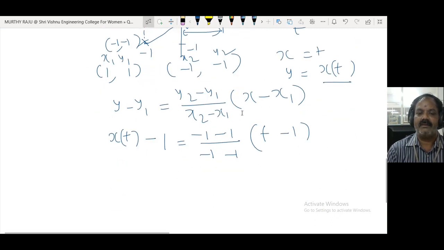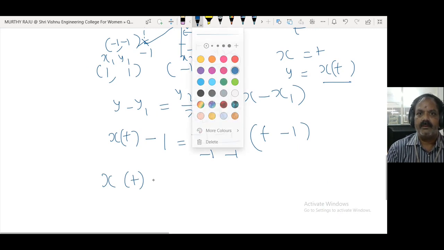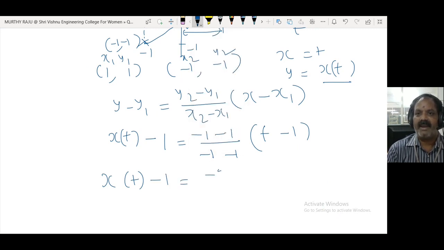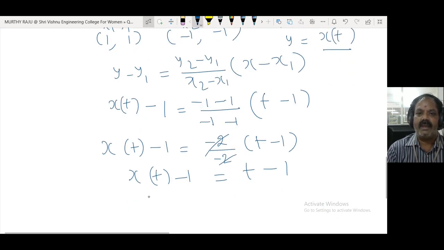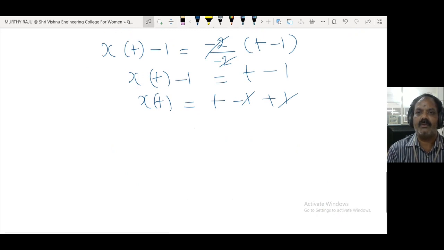Therefore, x of t minus 1 is equal to (-2 by -2) into (t minus 1), so x of t minus 1 is equal to t minus 1. X of t is equal to t minus 1 plus 1, the -1 and +1 cancel. Therefore, x of t is equal to t.